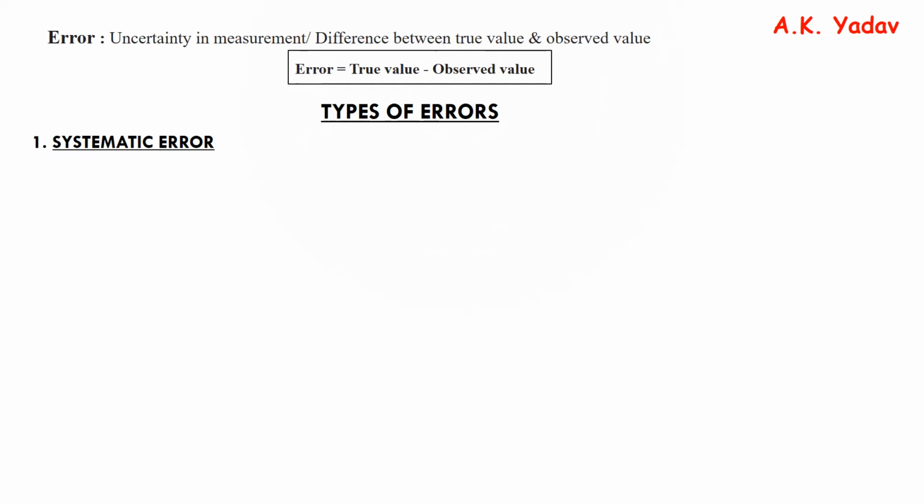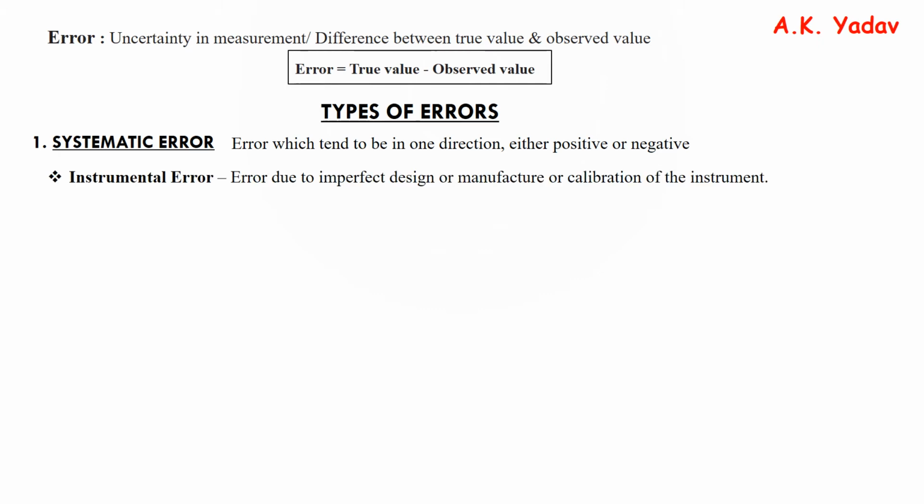The first one, systematic error. It is error which tends to be in one direction, either positive or negative. It means that when you perform experiments, if the error is systematic, it will always come out positive or always negative. It won't fluctuate. Let's understand the different types of systematic error.